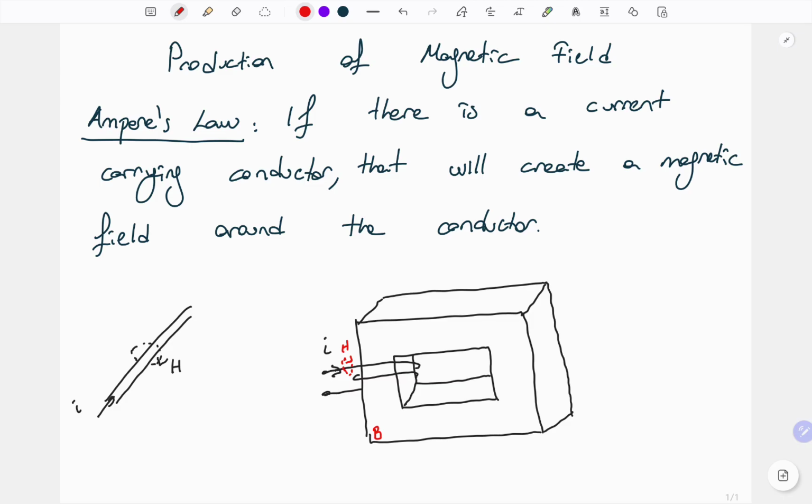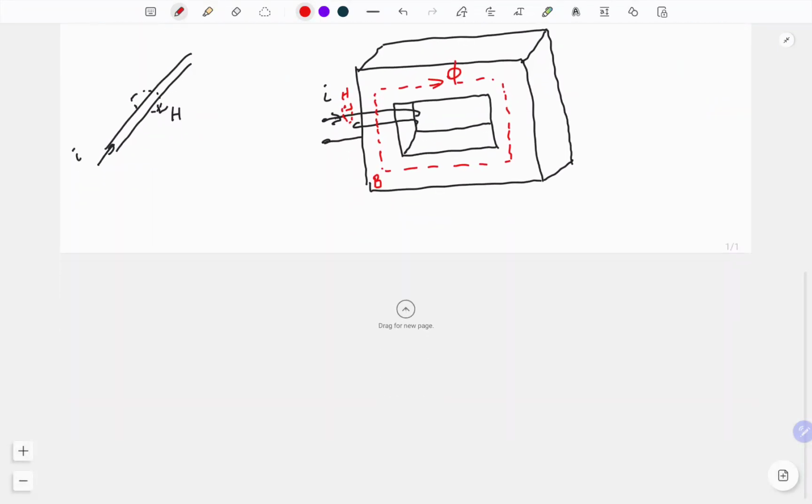And then it is carried through the magnetic core as flux. We can see the flux flows through as phi. So let's try to make a connection between these parameters.